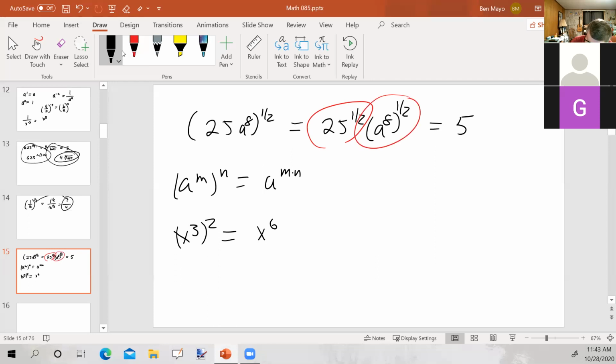So a to the 8th to the 1/2 power would be a to the 8 times 1/2, which is 4. There you go. You just wanted to leave me hanging there, didn't you?